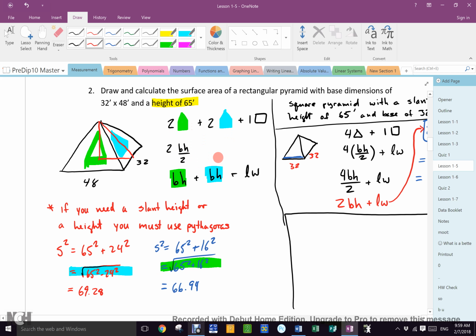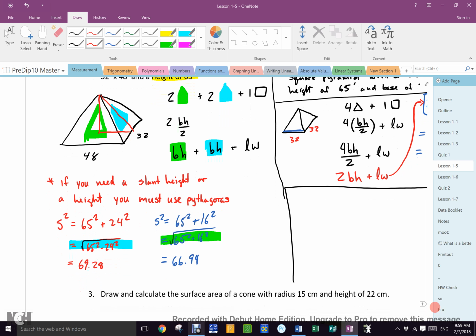I come back up to the top. The base on the green one is what? What's the green base? 48. And the green slant height is 66.94. Plus, what is the blue base?